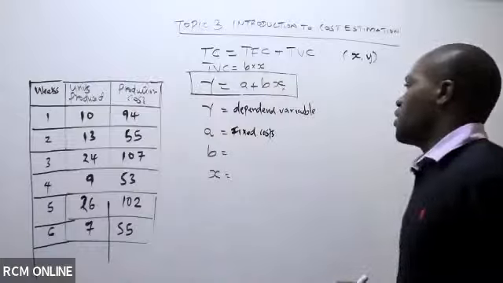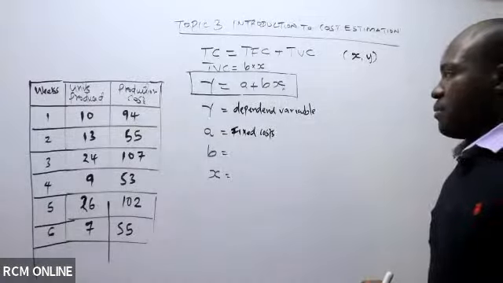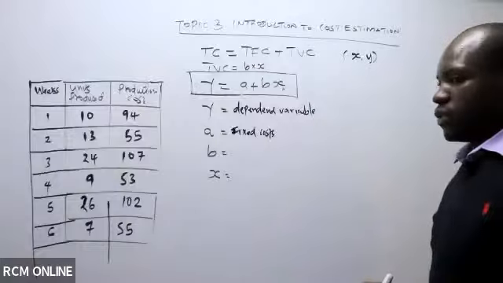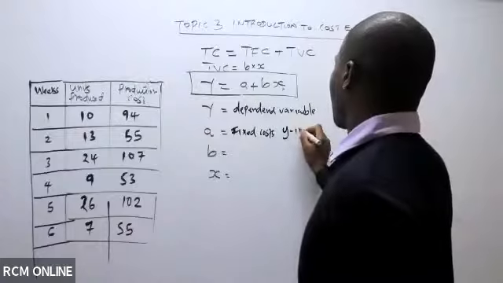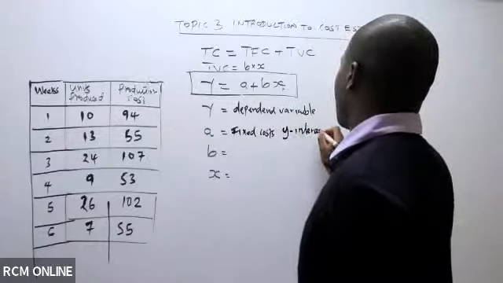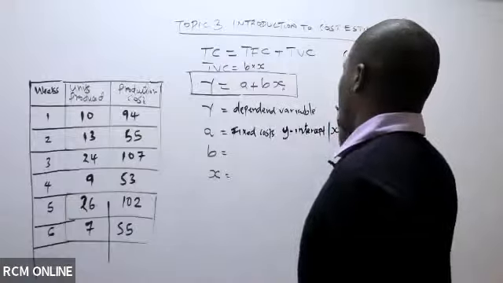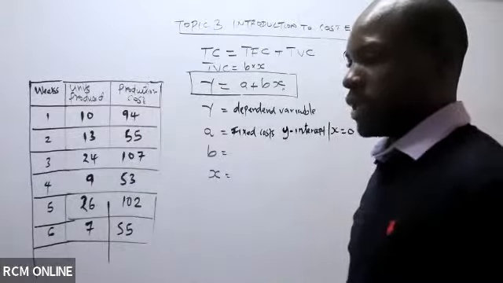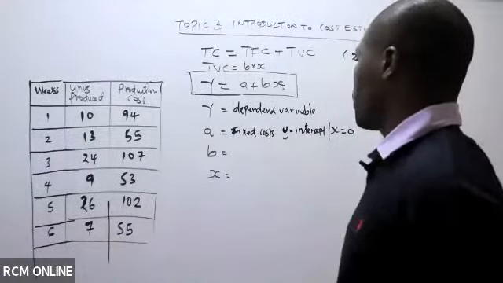Now, we have another name for this fixed cost. We call it Y-intercept. At Y-intercept, X is equal to 0.